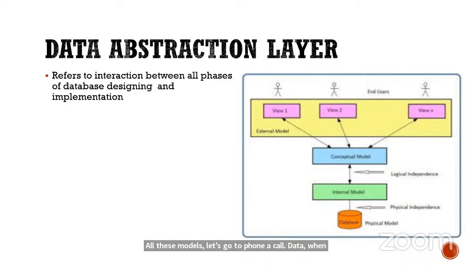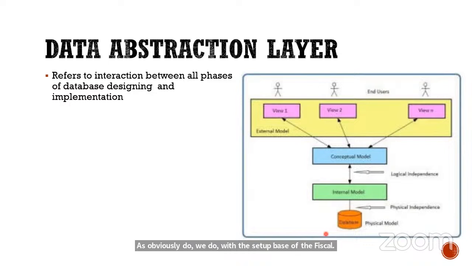From this diagram, you will see that the external models relate to the conceptual model. The conceptual model gives back to the internal model. The internal model obviously has to do with the database of the physical model itself.